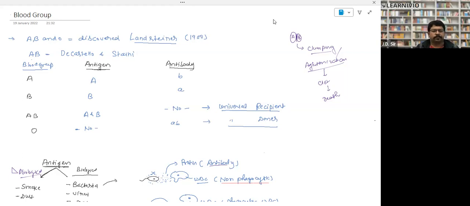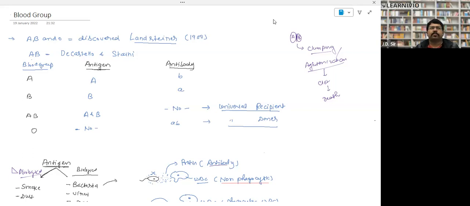Look, the definition means antigen is not fixed for every person. They are not the same for every person. Shidika, what are antigens?